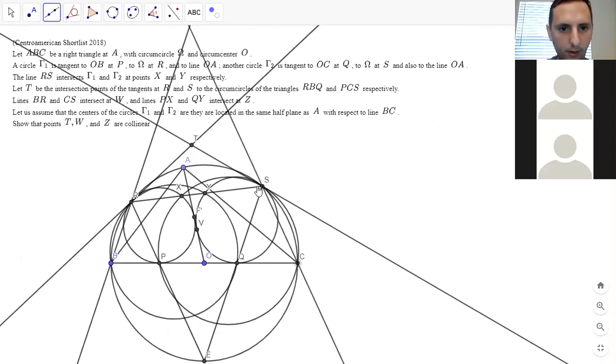So BR and CS meet at W, and PX and QY intersect at Z.